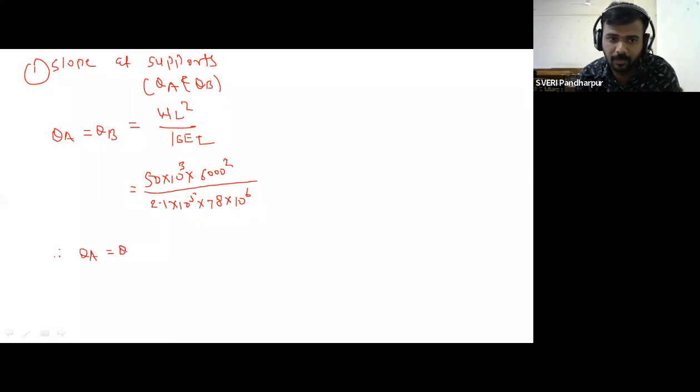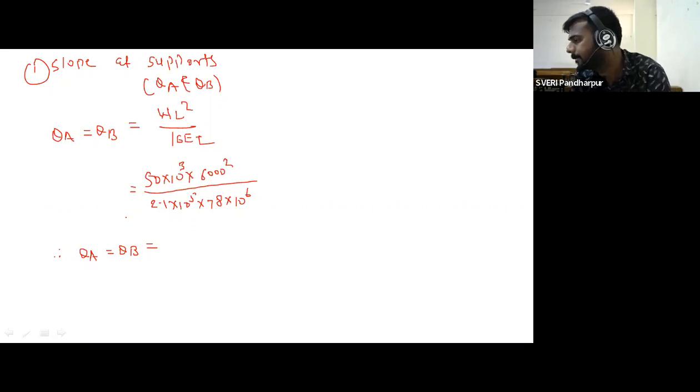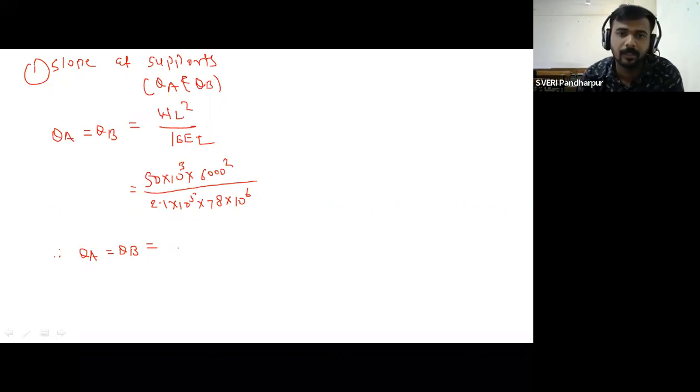So theta A is equal to theta B. In radian you will get the first answer. What is the answer? Zero point 0.01. We check the answer. 50 into 10 raised to 3 into 6,000 square.